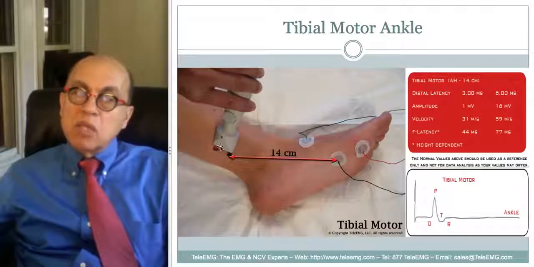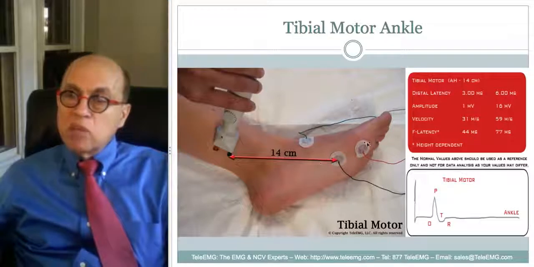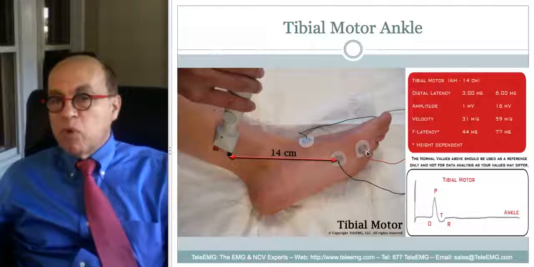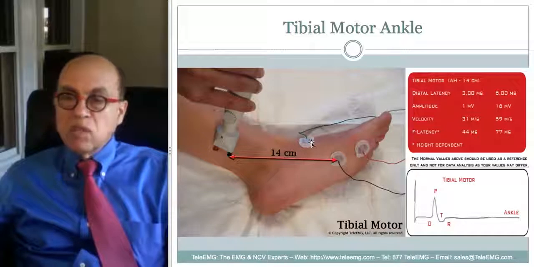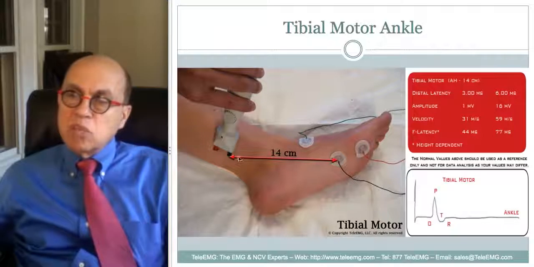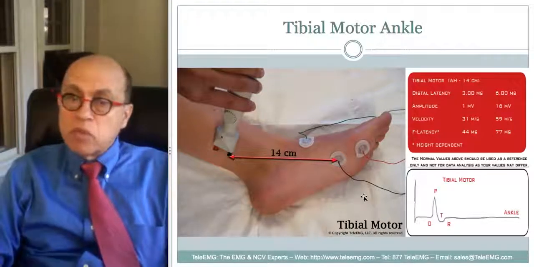And we stimulate the nerve at the ankle at a 14 centimeter distance above that. And we put the reference electrode over the ball of the foot, essentially, and you can see the ground. And we measure a nice motor response with O, P, and T. And in this case, we just calculate the distal latency. And that's the tibial motor nerve.